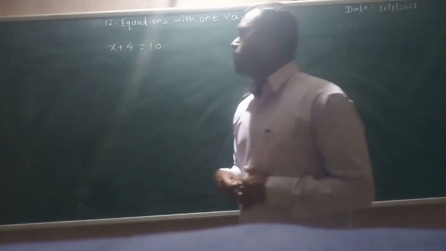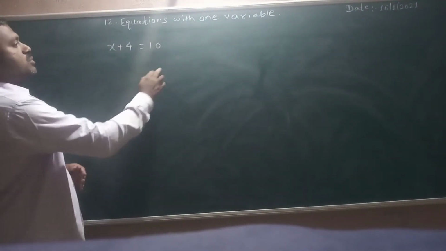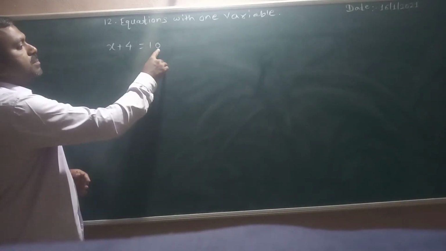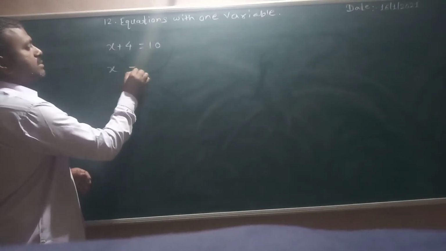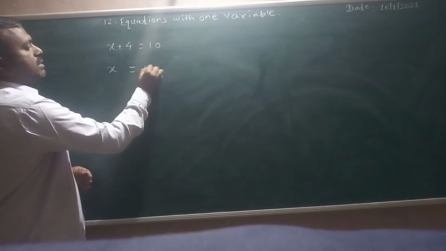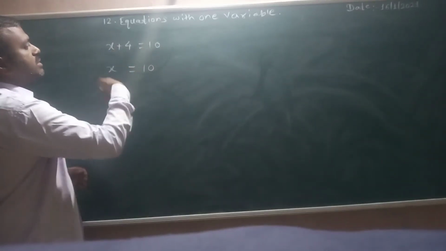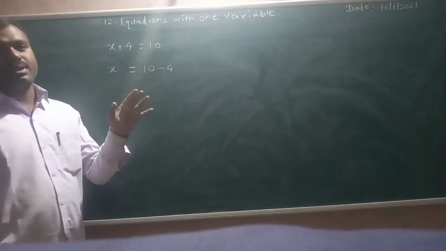We can transfer this plus 4 towards the right side, that is towards the number 10. 10 is already present in the right hand side and plus 4 is converted to the minus 4 after transferring.